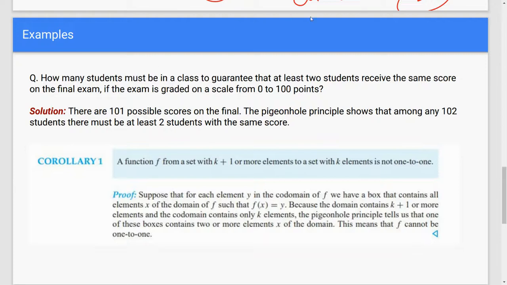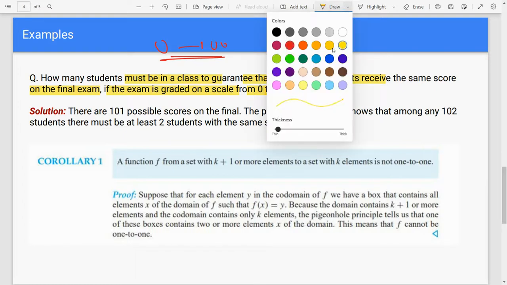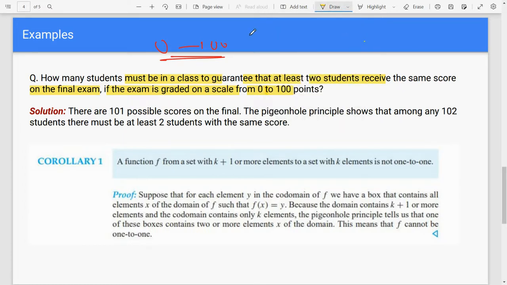The example is: how many students must be in a class to guarantee that at least two students receive the same score on the final exam if the exam is graded on a scale of 0 to 100? So what should be the number of students such that two students will receive the same score? How do we find this? This is simple.